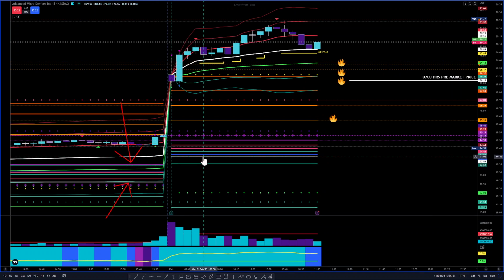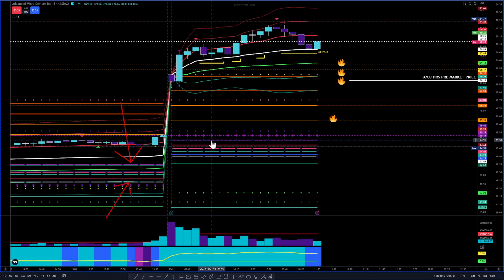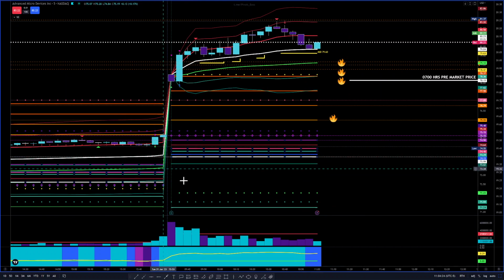Now the value area low is 74 and the value area high is about 74.91, right? So we have a higher value relationship.